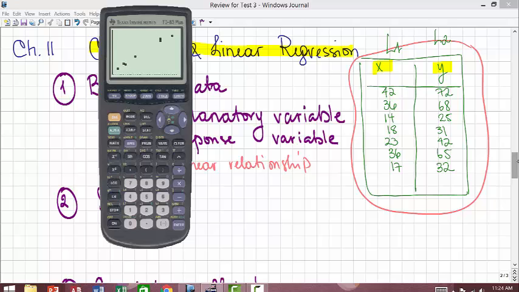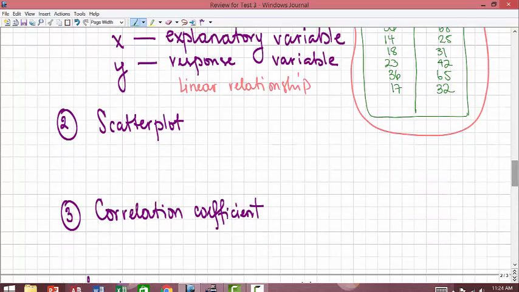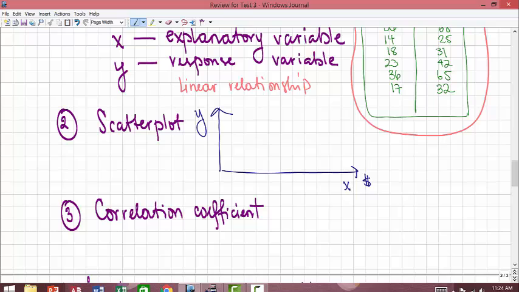Okay, now let's say I ask you to sketch it. What I'm really looking for is just a rough sketch of what your scatter plot would look like. So here's x, y, depending on what the problem is. So let's say this is price of product A and this is price of product B. So you would say, okay, this is in dollars, the units are in dollars.